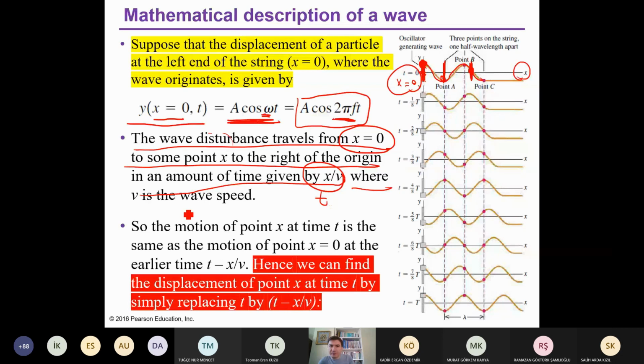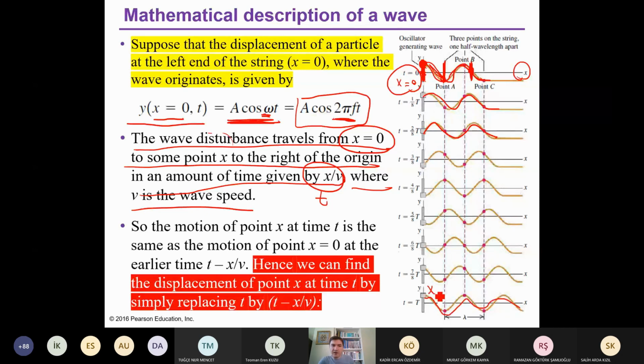So this wave we produce here moves to the right. You produce a wave and then it moves to the right. So we investigated the y position for the particle staying at x equal to 0.